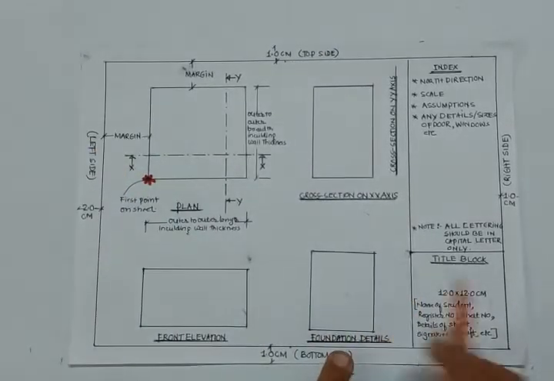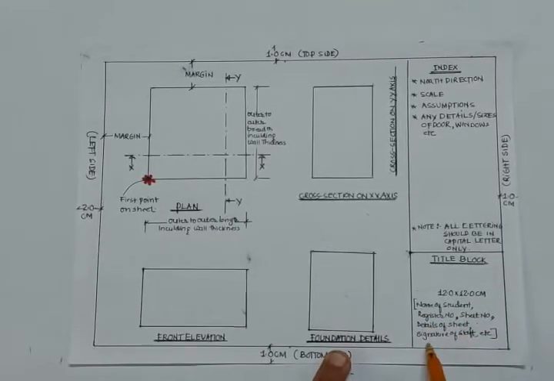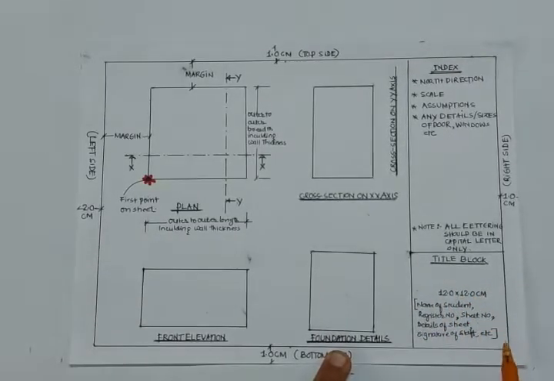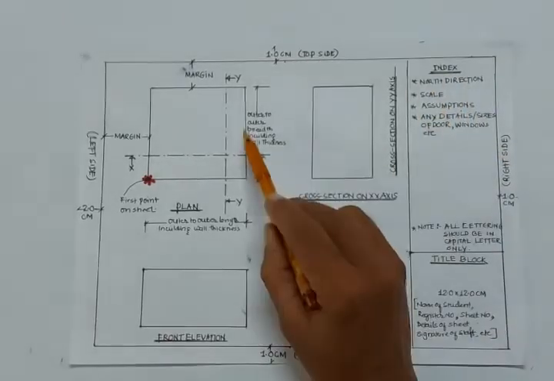Afterwards, in the title block, this is a title block of 12 centimeter by 12 centimeter. It includes the name of the student, the register number and seat number, details of the seat, and the signature of the staff. You have to write the details in double lines with the same thickness. In the index column, the north direction of the building line is given.